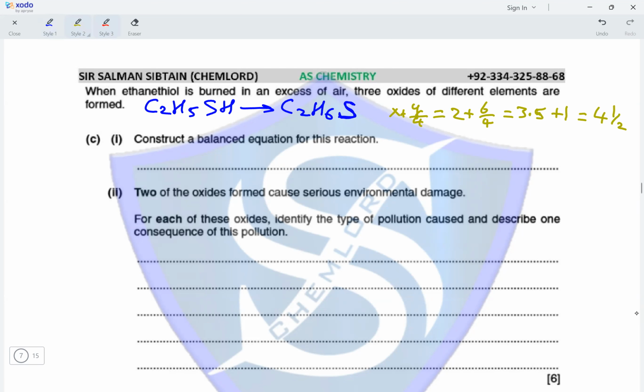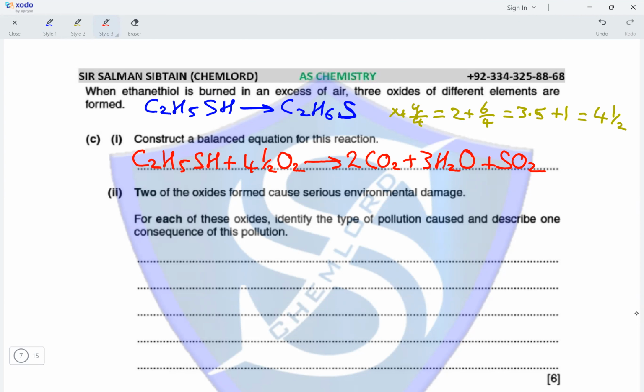So the balanced equation here would be C2H5SH plus 4.5 O2, producing 2 moles of CO2 and 3 moles of H2O, because x moles of CO2 and y upon 2 moles of H2O, and 1 mole of SO2, because sulfur is part of the reactant.